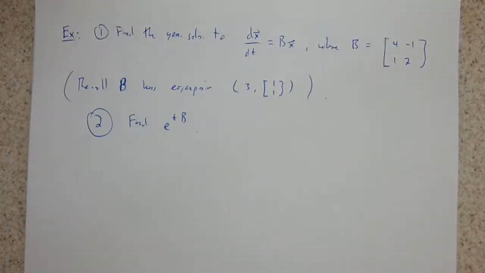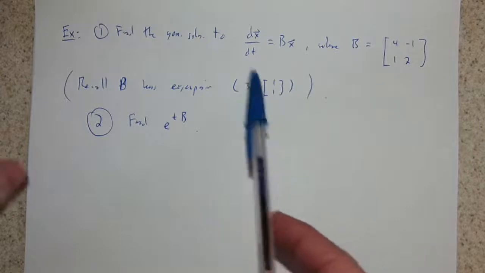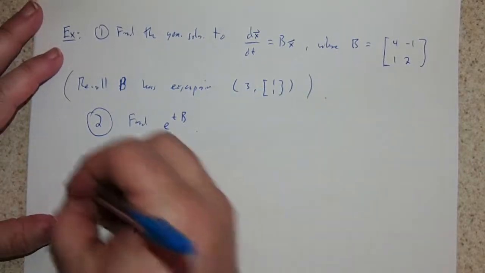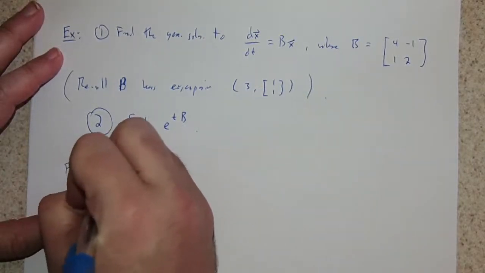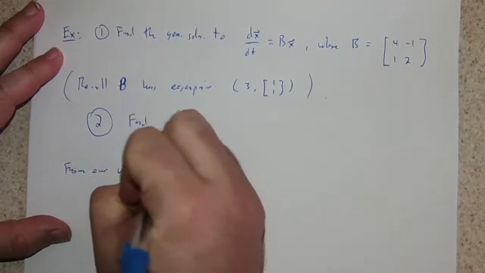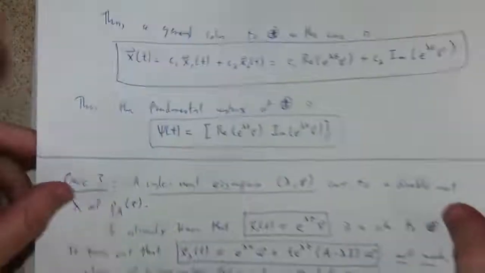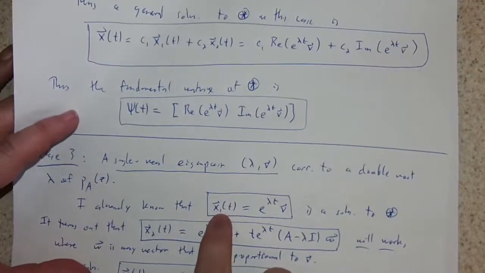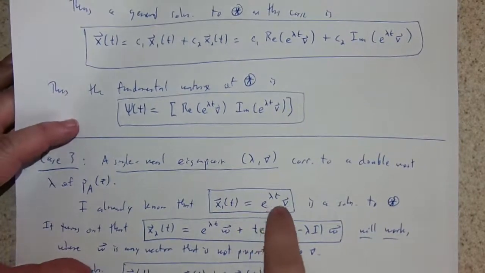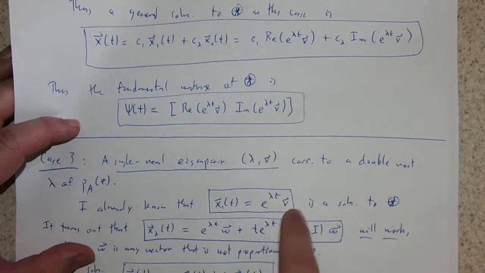From our recipe, which in this case was a little more complicated, we got this normal expression where the first eigensolution was the usual thing: e to the lambda t times the eigenvector.